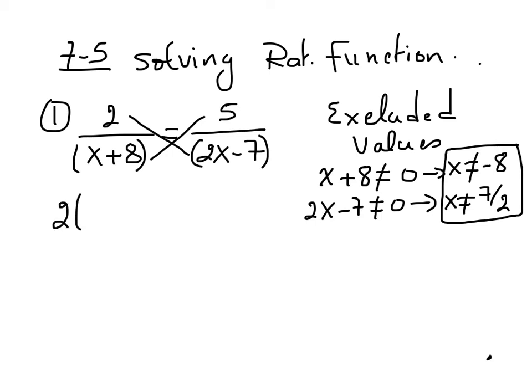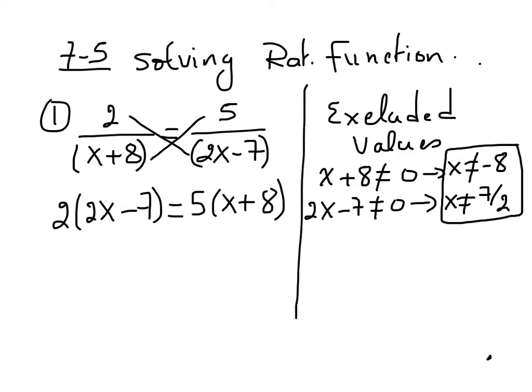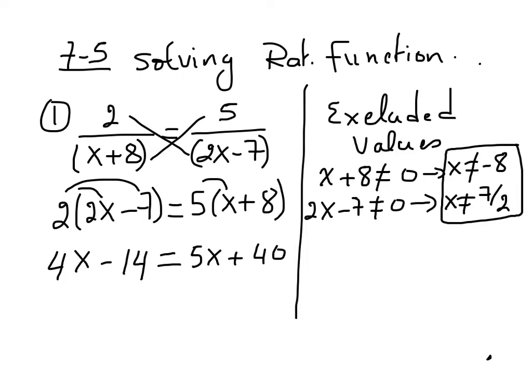That gives us 2 times 2x minus 7 is equal to 5 times x plus 8. All right, let's go ahead and distribute. This will give us 4x minus 14 equal 5x plus 40. All right, go ahead and solve for x, and then you subtract 4x from both sides.